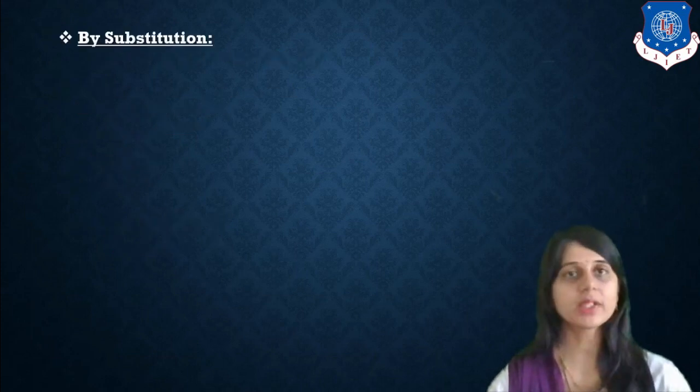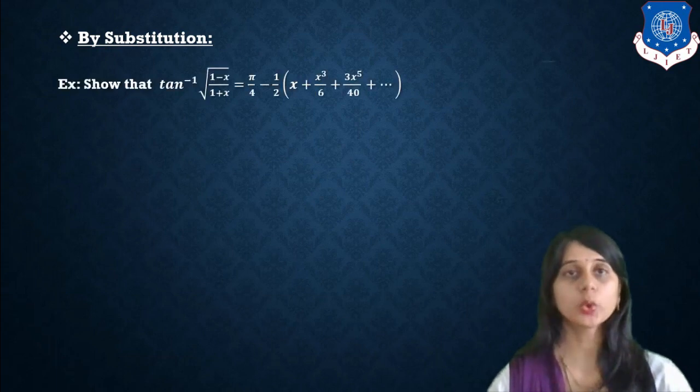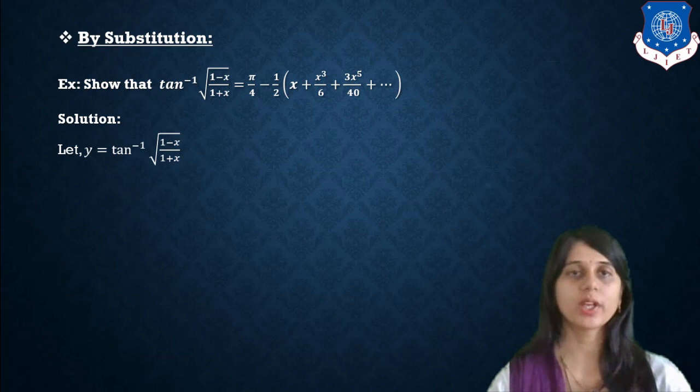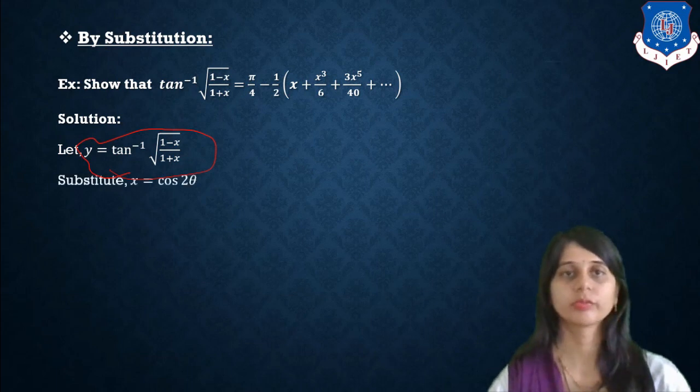Now, by the substitution method, show tan inverse under root 1 minus x by 1 plus x equal to this series. Now, solution, y equal to tan inverse under root 1 minus x by 1 plus x. Substitute x equal to cos theta, because of trigonometry, this formation is suitable for this form.